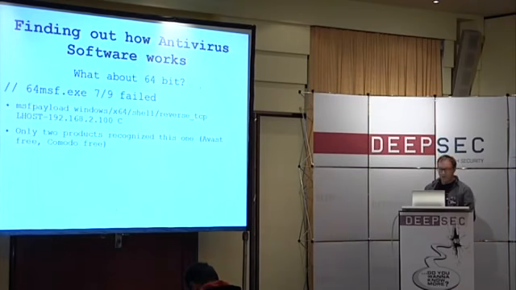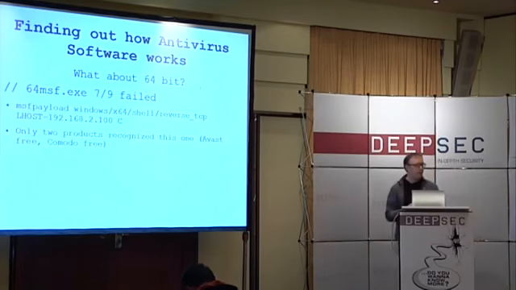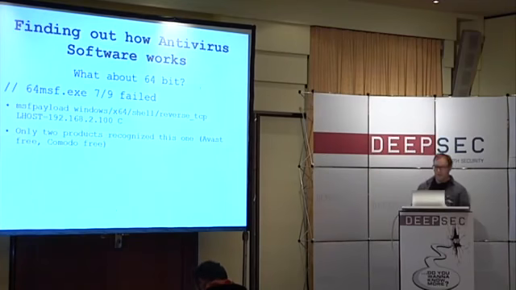So now, what about 64-bit? The results here were a little surprising for me because 64-bit is really not that new. And most enterprise-level products really seem to have a problem here. For example, this one is really pretty straightforward.